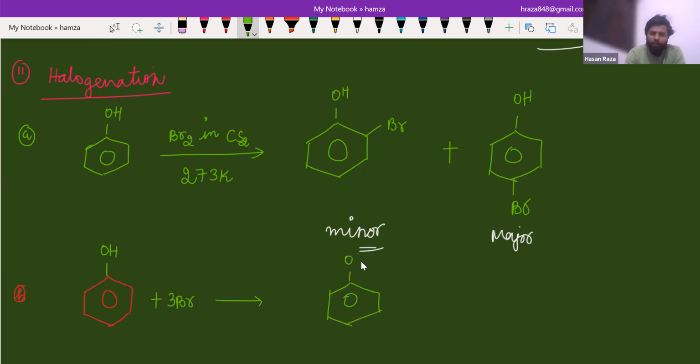With respect to which we will get Br at ortho, Br at ortho, and Br at para, along with a byproduct of 3HBr, and its name is 2,4,6 tribromophenol.